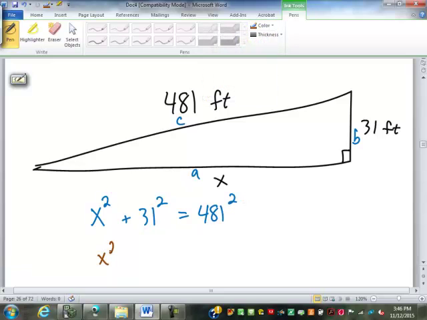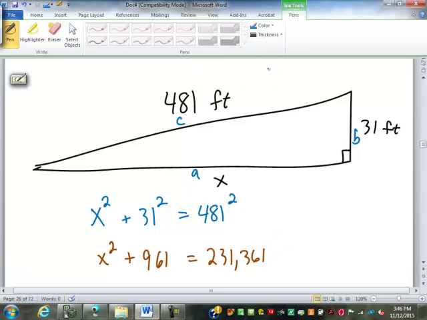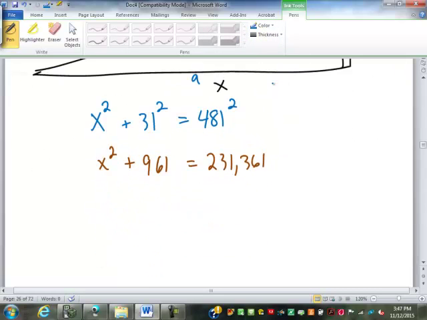X squared is just x squared. 31 squared is 961. 481 squared is, what's that? 231,361? Okay. There we go. Now what? Subtract 961.